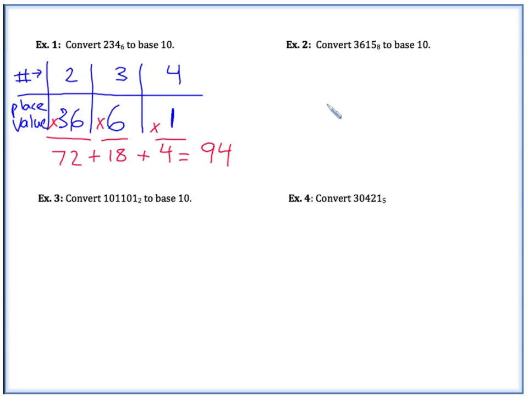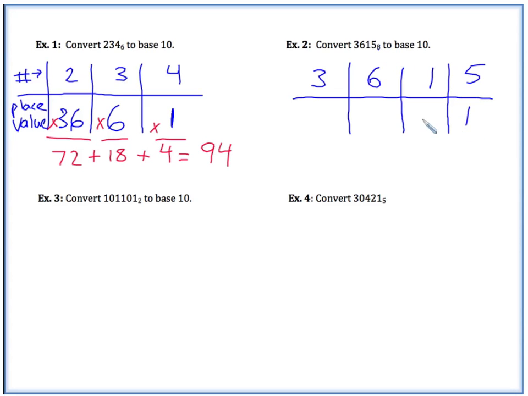Let's try another one here. Okay, so again, I write out my number, 3, 6, 1, 5. Then I'm just going to separate it out by place values. And then I'm going to write the place values of base 8.